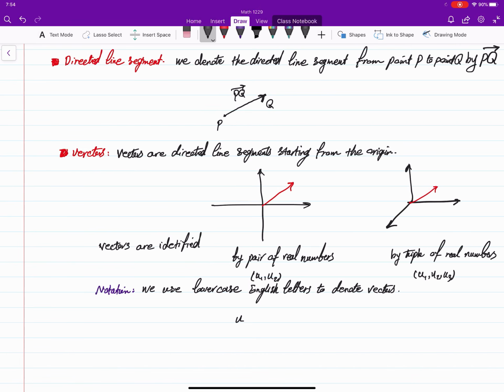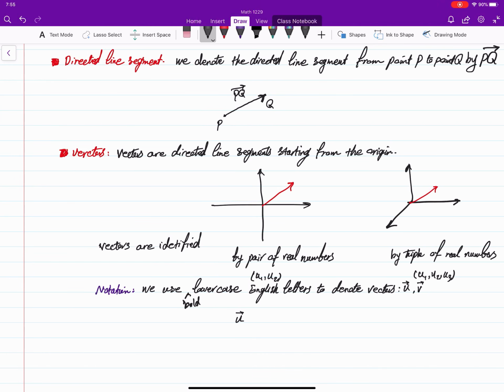So, for example, I will use U or V or something like that. But in your book, you will see that it's bold lowercase. Since in writing I cannot do that, I will put an arrow up there. So vectors are going to be denoted by lowercase English letters with an arrow. When you check in your book, it's just bold lowercase English letters.